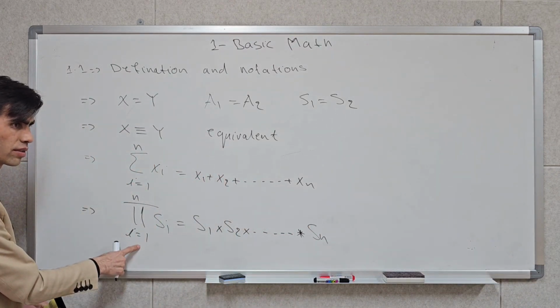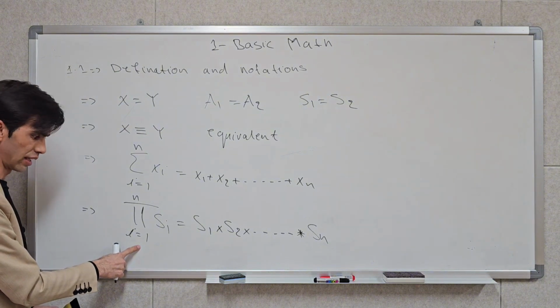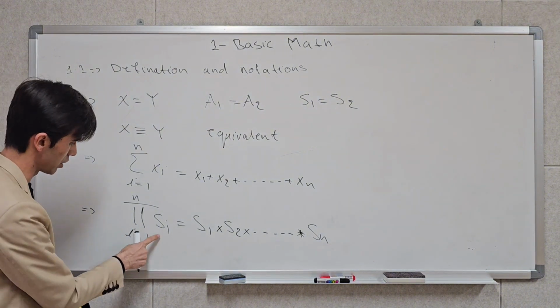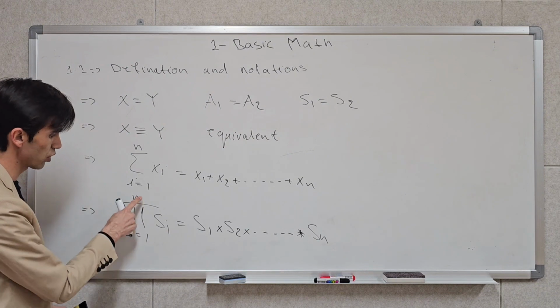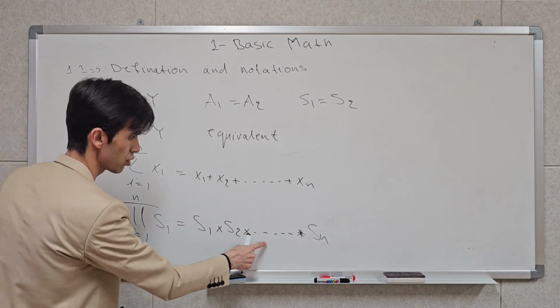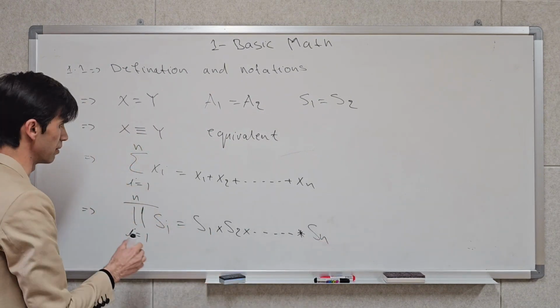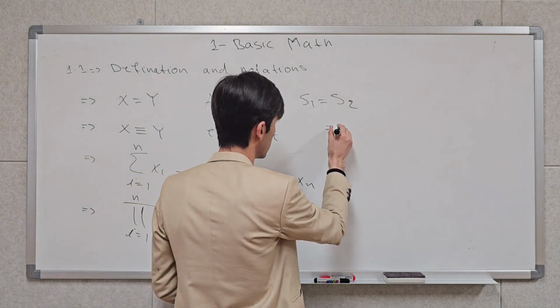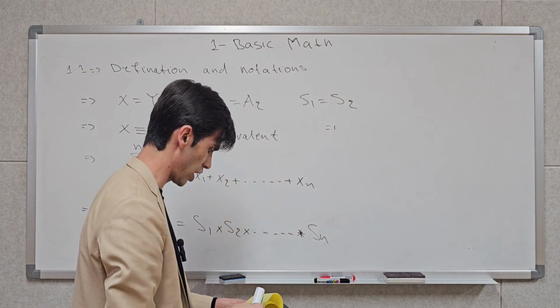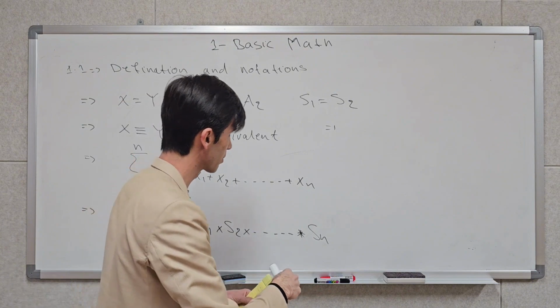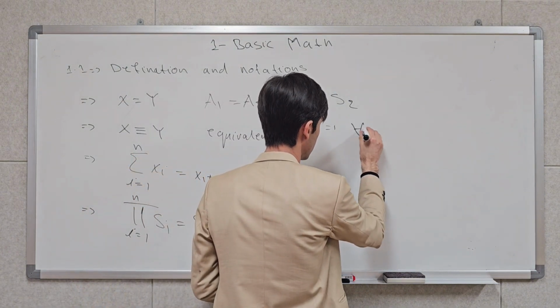This is called the cross product. So this product of Si, i from 1 to n, is equal to S1 multiplied by S2 up to Sn.